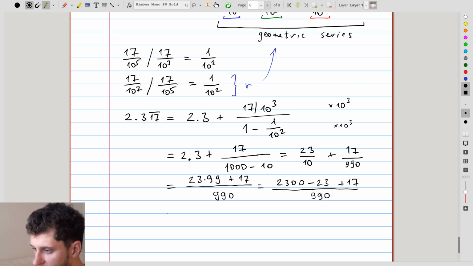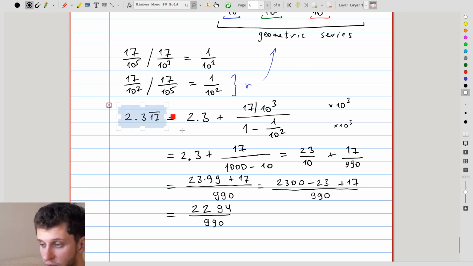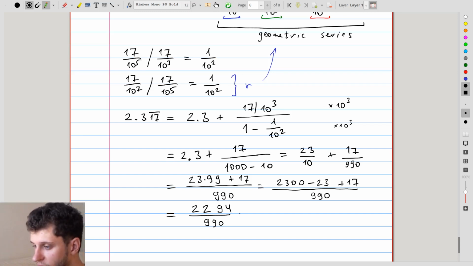And as a result, I have 2294 divided by 990. So this is a representation of the original number as a fraction, although it is not an irreducible fraction. It's easy to see that both the numerator and denominator are even, and so we can divide through by 2 at least. So let's go ahead and do that.